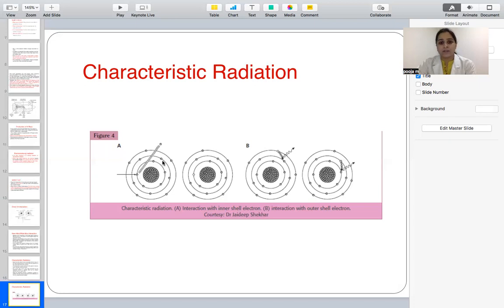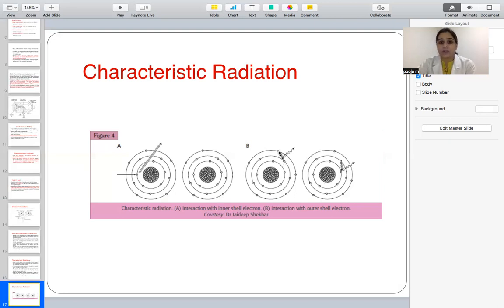As a result, there will be a void, an empty space, produced because of the displacement of the electron by the incoming electron which hit it. Because of this empty space, an electron from the outer orbital shell gets shifted towards the inner orbital shell to fill that void.